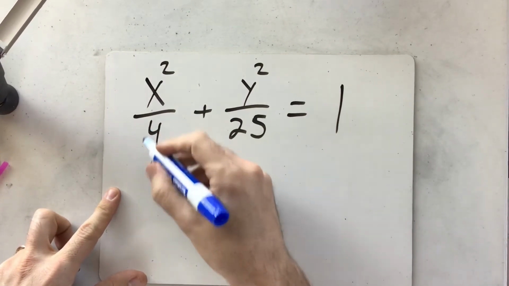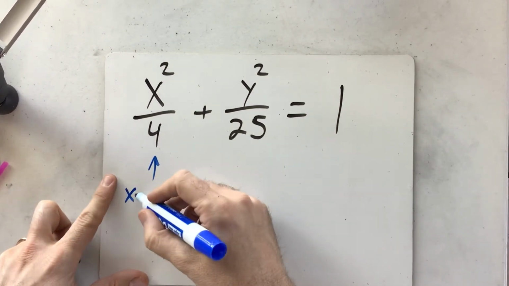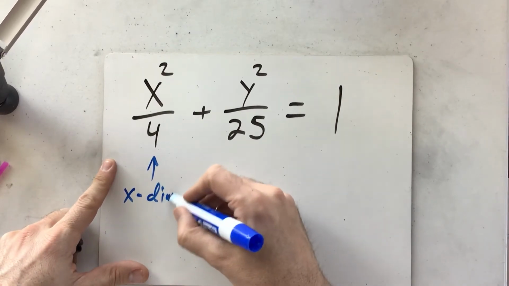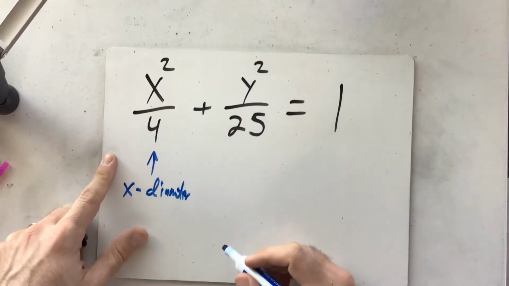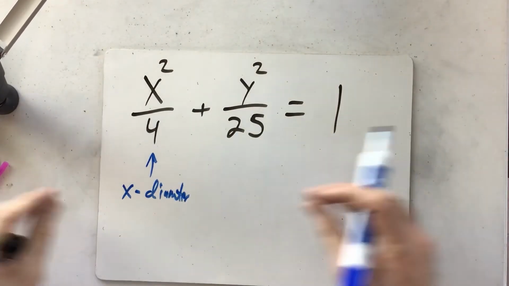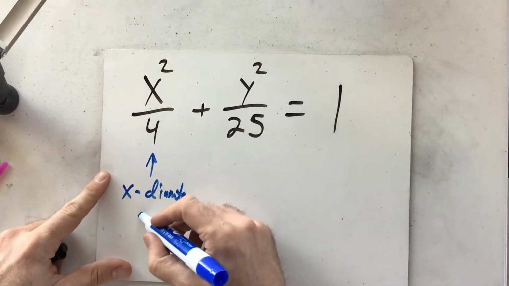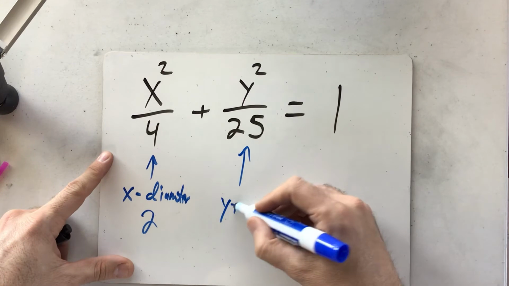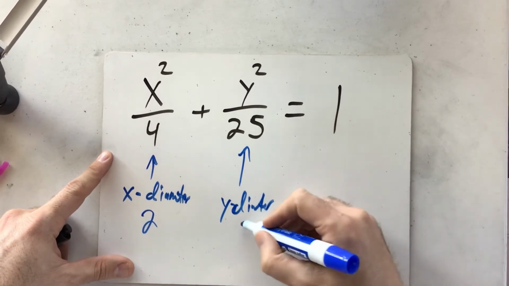This number tells us that the x diameter, I'm going to use diameter, I think, what do they call it? Man, I don't remember the word from geometry. But anyway, the length in the x direction is going to be 2, because that's a 4. And our y diameter is 5.